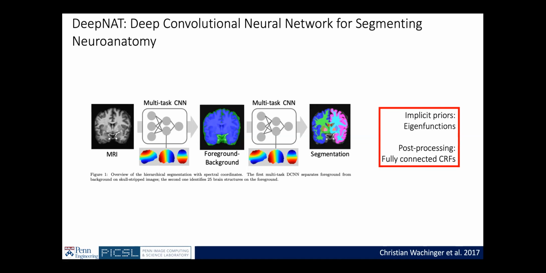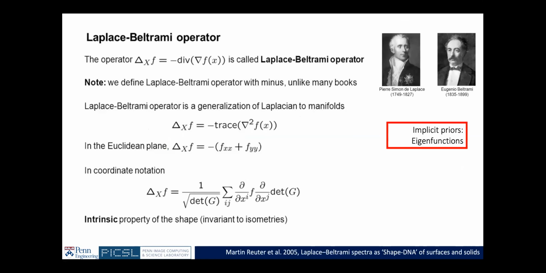Something that we know about this brain structure, and we give some more information to the network so that it is able to learn what exactly is a left hemisphere and a right hemisphere. So this is something that we are trying to incorporate in the network architecture. That's where this Laplace-Beltrami operator comes into the picture.